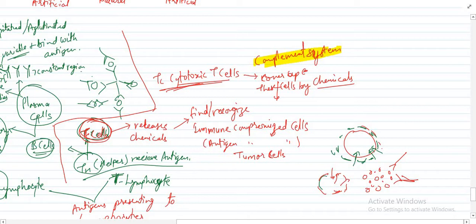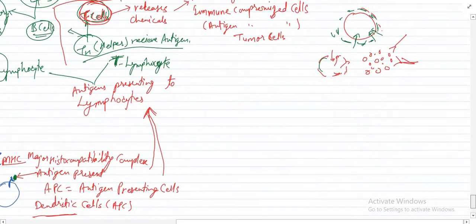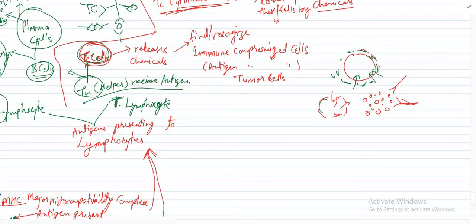So it means this portion, the humoral immunity portion, is also associated with another part, and this is actually cell mediated immunity, which we are talking about with the T cells. Why cell mediated immunity?